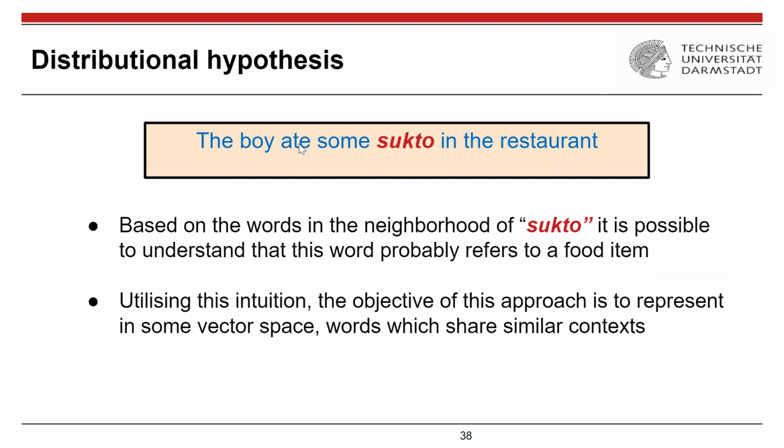Based on these words present in the neighborhood of this target word, which you are not familiar with, you can understand that this word is perhaps a kind of dish, a kind of food item, right? This word can be replaced with a word like hamburger, and the sentence will still be meaningful. That is the intuition behind this distributional hypothesis idea.